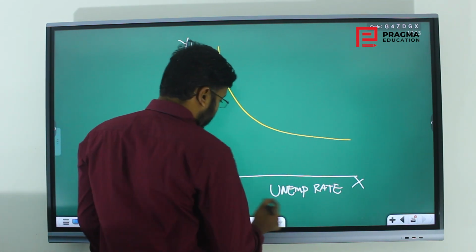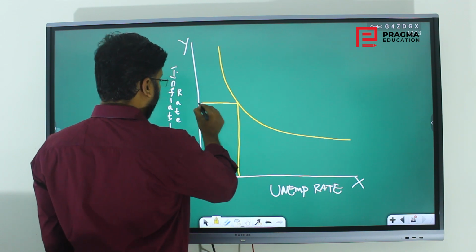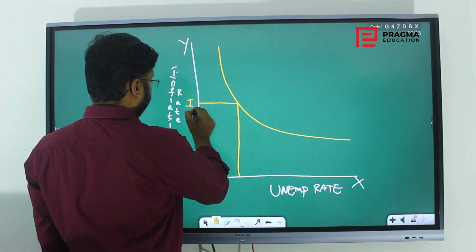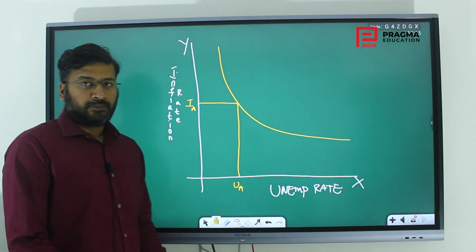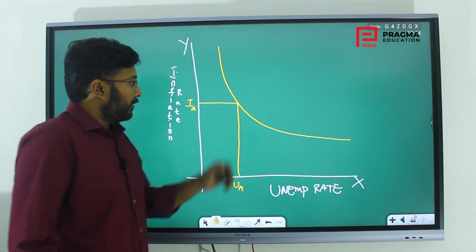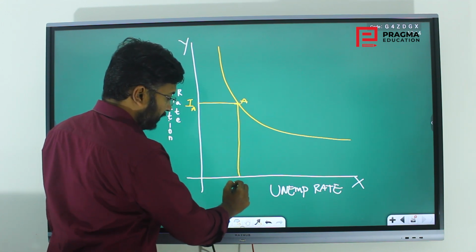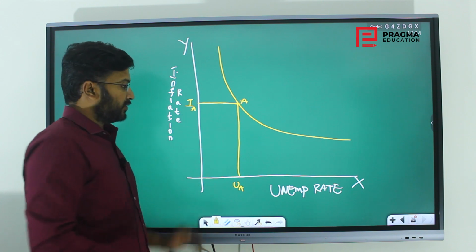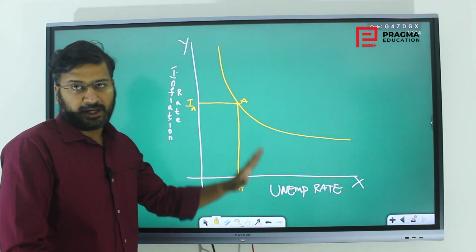So what happens is, when the unemployment rate is low, call it UA, at point A on the curve, the unemployment is UA and the inflation rate is IA. So what can we decipher? When the unemployment rate is low, the inflation rate is high.